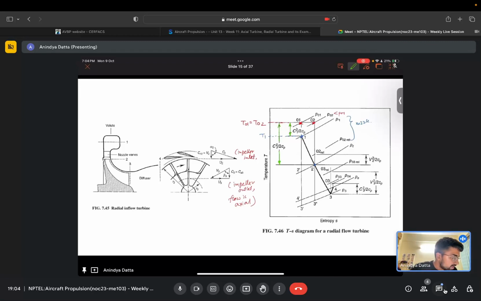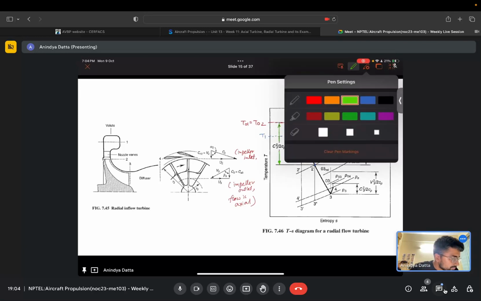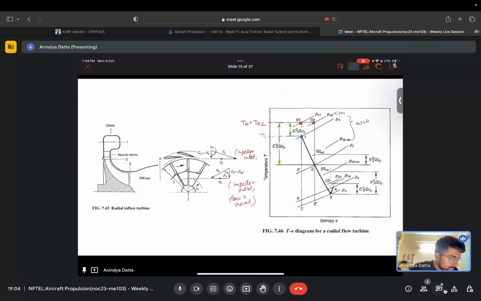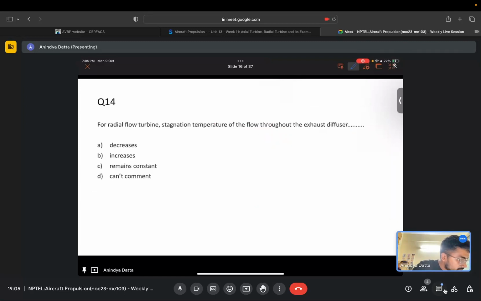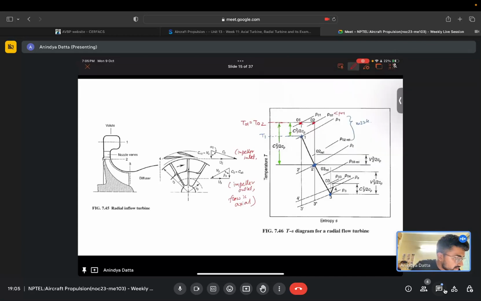After that, from 2 to 3 we have the impeller. So here we go from static pressure P2 to static pressure P3. Looking at the stagnation conditions, we are going from P02 to P03.